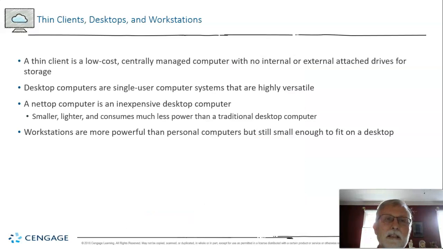Now, sometimes you're going to see things called, we know what desktops are. They're just bigger than our laptop. The ones in the classroom that you're in is a desktop. But you could have something, a workstation, a little bit more powerful. Thin clients is if we were using a service like VMware, which allows me to software create computers, then all I need is a device that handles my internal, external devices.